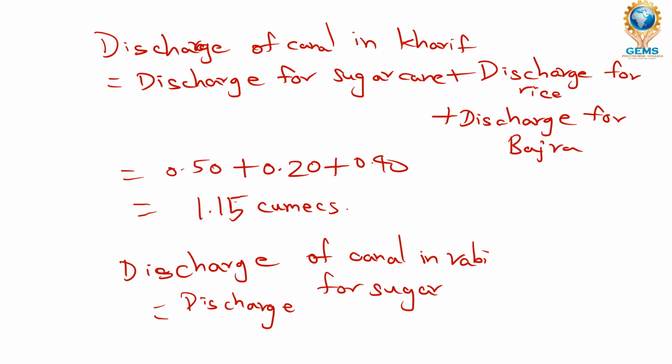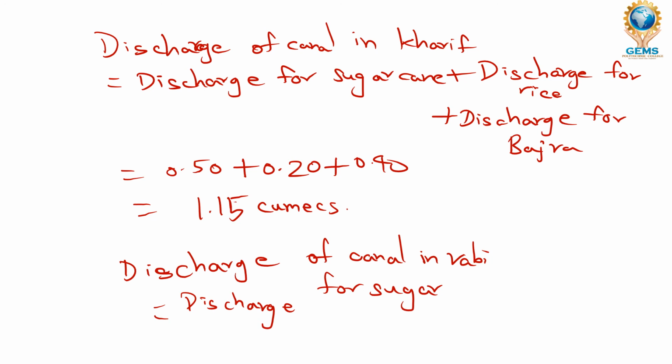Typically for this kind of problem, they would mention that for kharif season these types of crops will grow, for rabi season these types of crops will grow, and in hot weather these types of crops will grow. As per that, you should identify the crops and add them, like adding these three crops to get the discharge of canal in kharif season. For the discharge of canal in rabi season, you should understand which crops you are going to add.